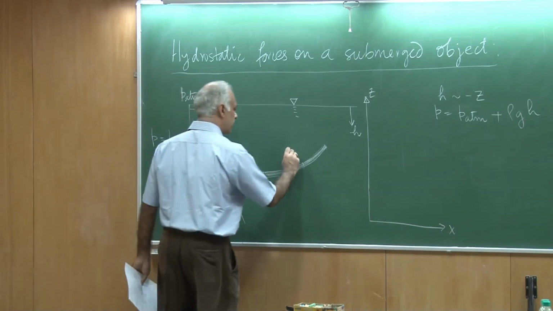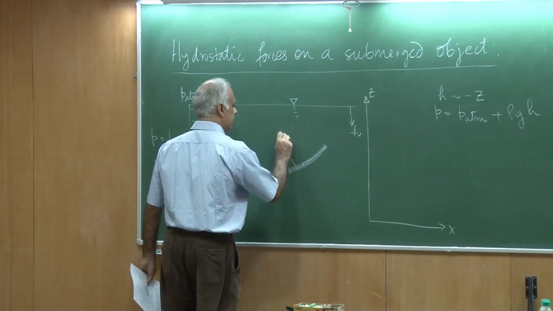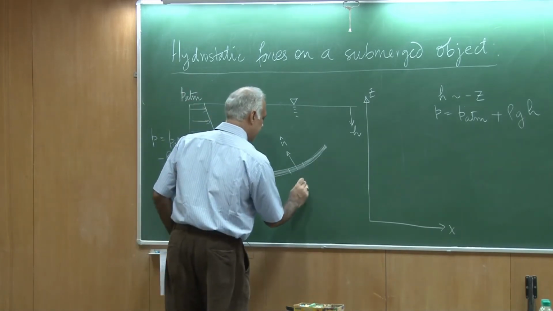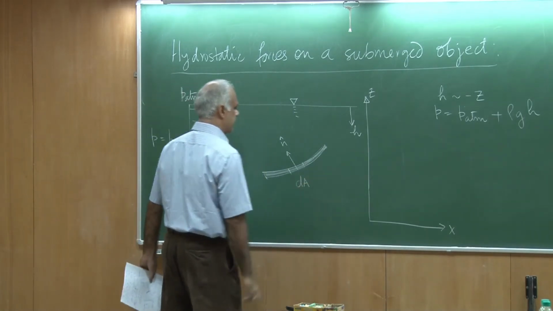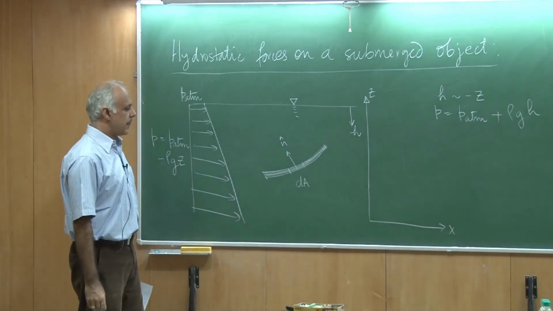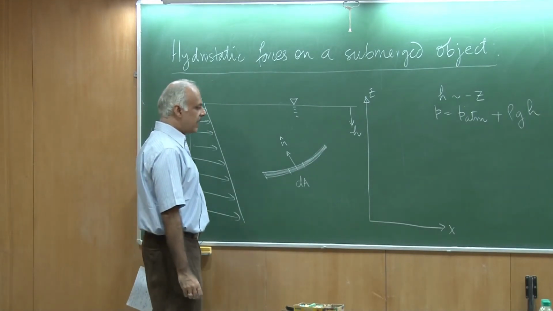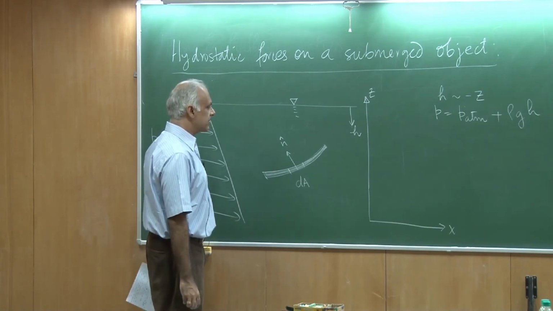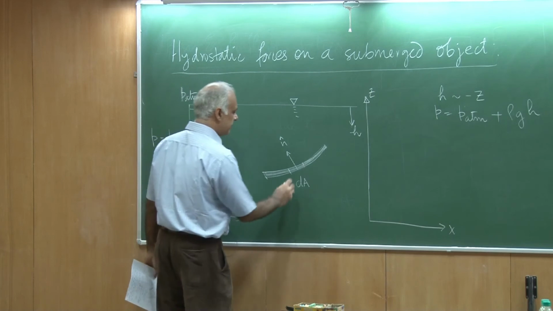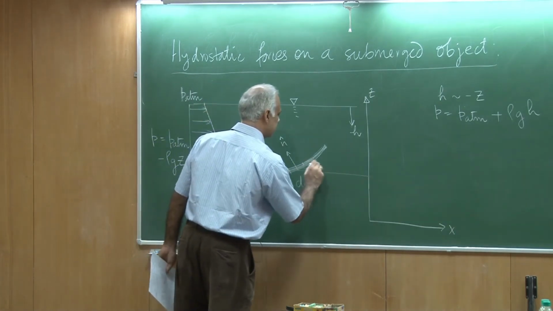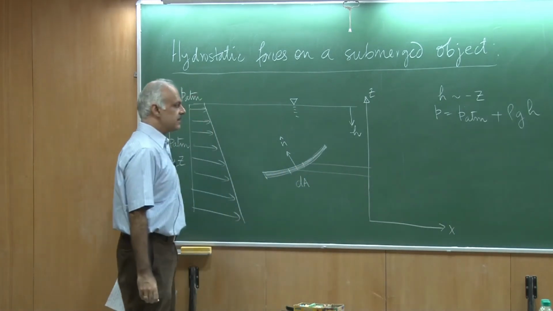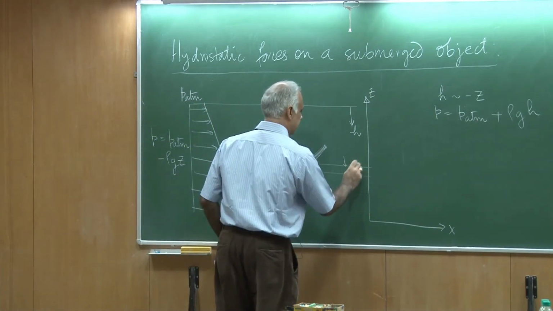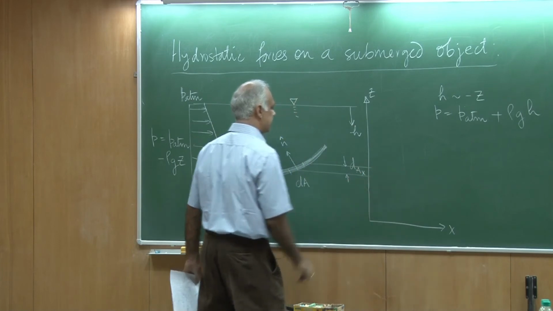Okay. So let me choose a small area. So there is a unit normal, and I could talk about this area dA. This area would have a projection along the x direction and a projection along the z direction. So let me say that this projection, I am going to call this dAx.